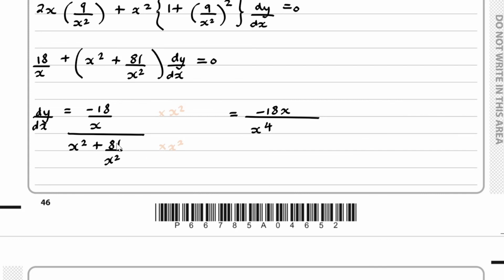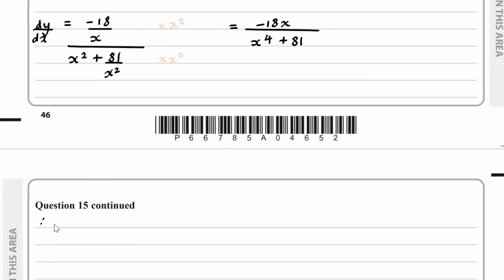And then we have 81 over x squared times x squared, which is 81. So therefore, dy over dx, if I write it out neatly, we have minus 18x divided by x to the 4 plus 81.